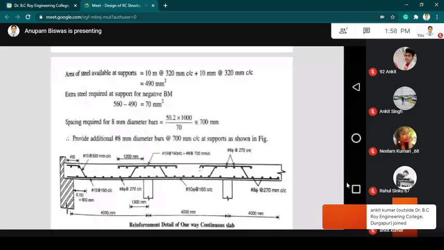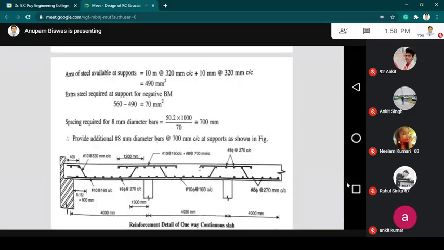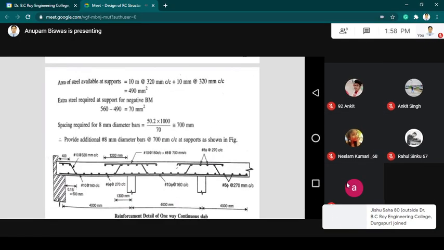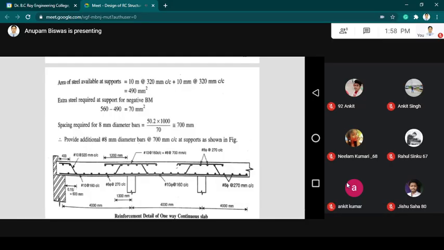That is 10 mm bar at 320 center to center. Besides the bent up bar, we have to provide additional 8 mm bars at a distance of 700 center to center. Both the bars are to be provided in the same direction.